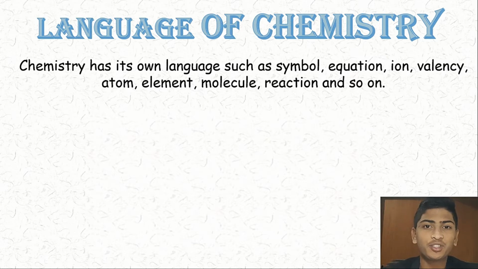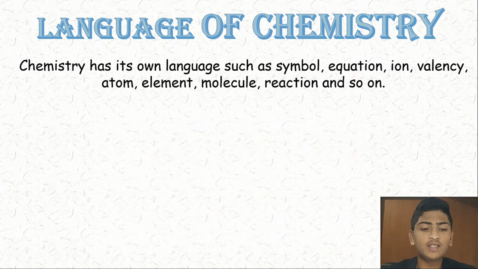Today I am going to start language of chemistry. Now what is language of chemistry? As you know, there are different languages like maths, chemistry, English, Kannada, Hindi. But language of chemistry means chemistry has its own language, such as symbol, equation, ion, valency, atom, element, molecule, reaction, and so on.